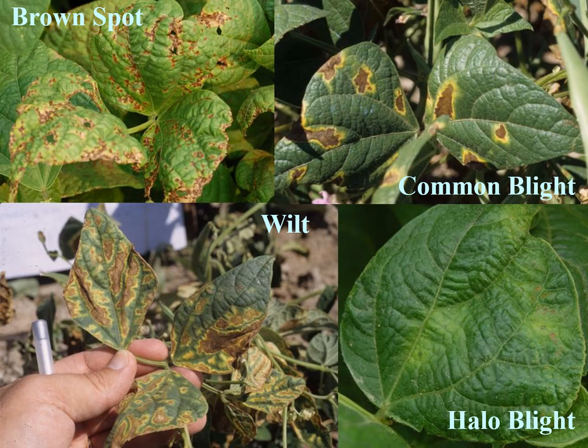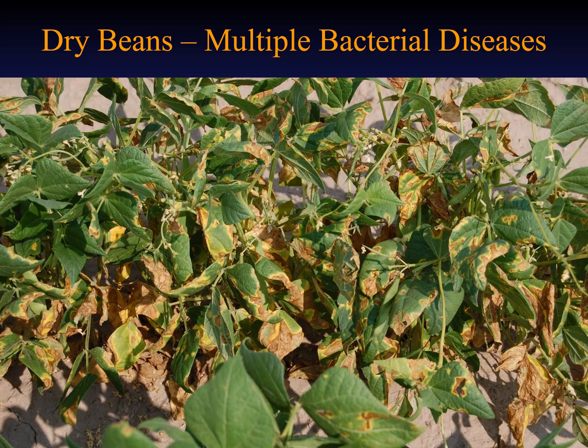Now, moving over to dry bean diseases, these are the 4 common diseases that you will see here in Nebraska. It's brown spot, wilt, common blight, and halo blight. Well, the previous slide showing the different pathogens of beans doesn't always look like that.